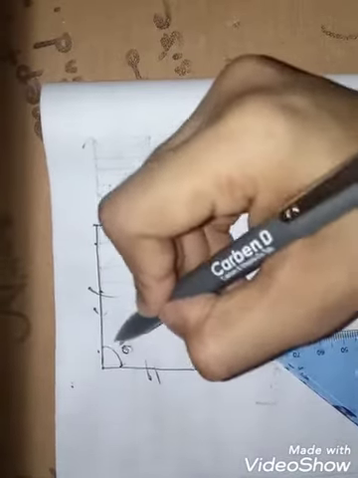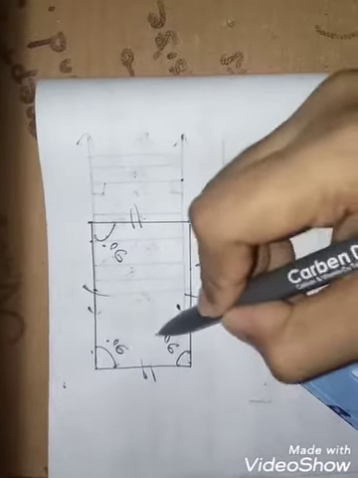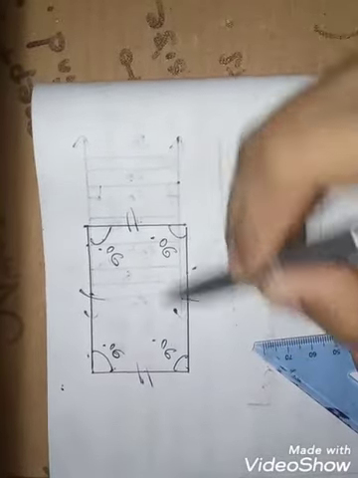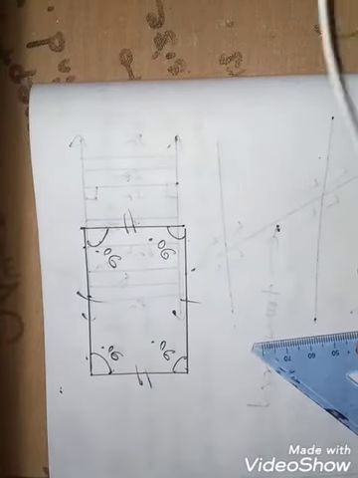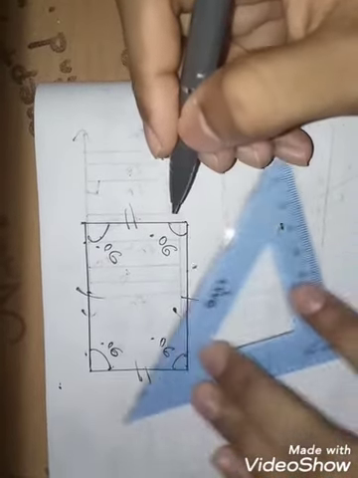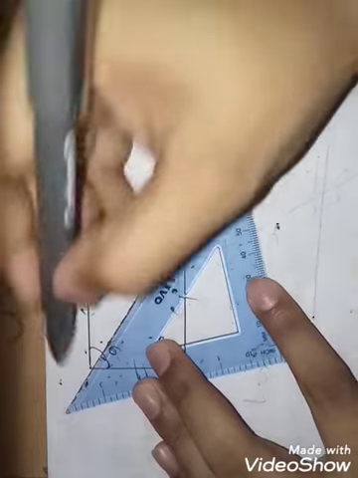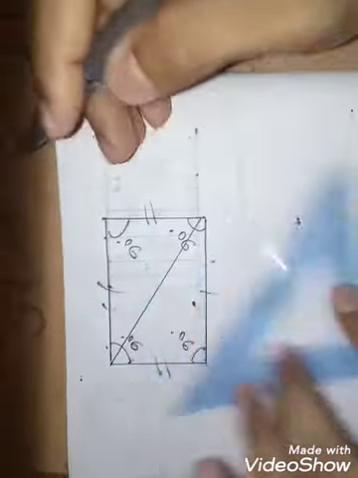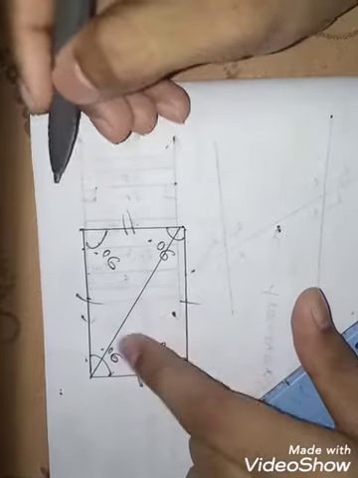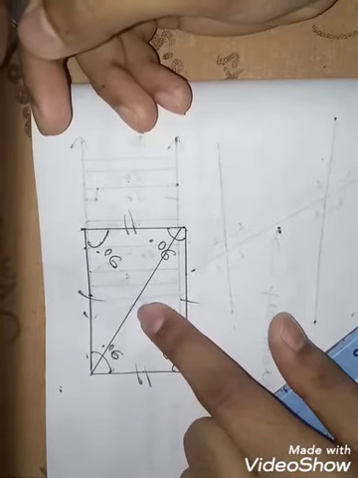This one is 90 degrees, this one is 90 degrees, this one is 90 degrees, and this one is also 90 degrees. And if we join the two opposite corners, we call that line a diagonal.